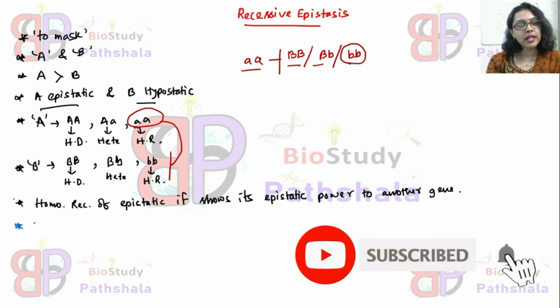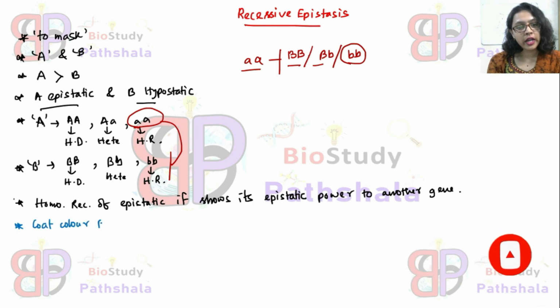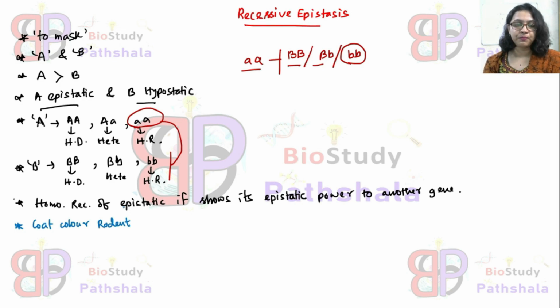The actual example: the coat color of rodents follows the recessive epistasis pattern. The coat color of rodents is of three types: agouti, black, and white. These three coat patterns follow the recessive epistasis pattern.